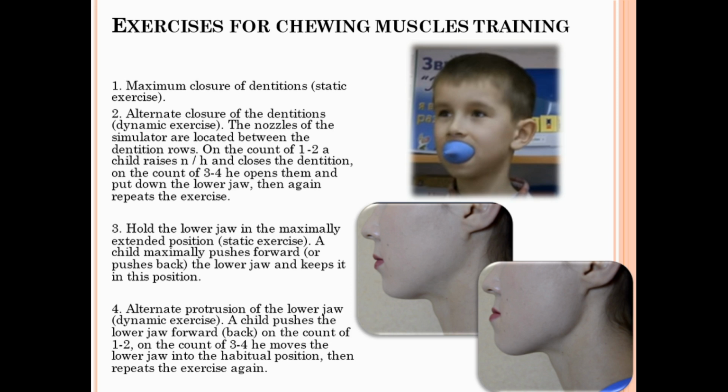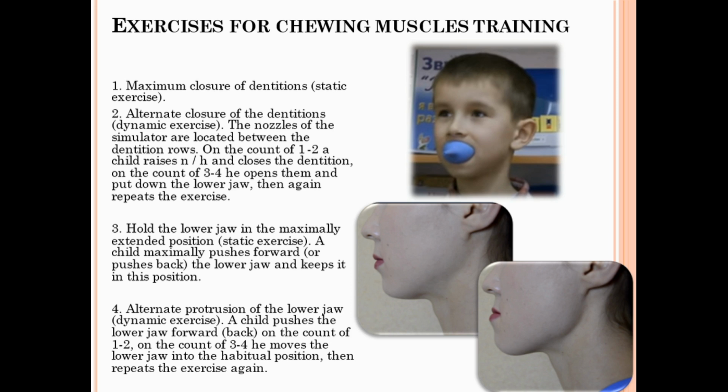Hold the lower jaw in the maximally extended position. A child maximally pushes forward or pushes back the lower jaw and keeps it in this position. Alternate protrusion of the lower jaw, dynamic exercise.